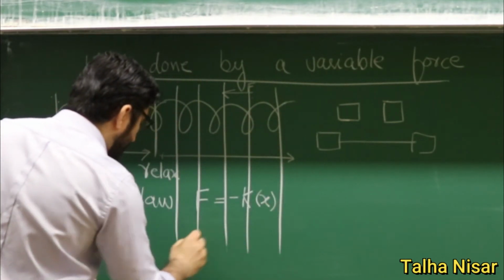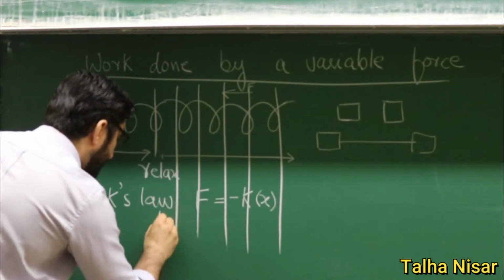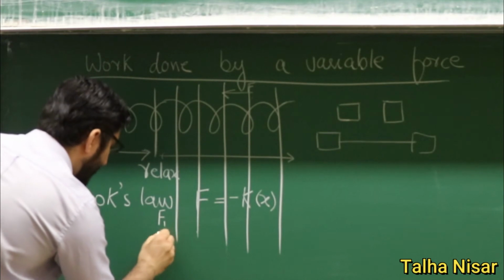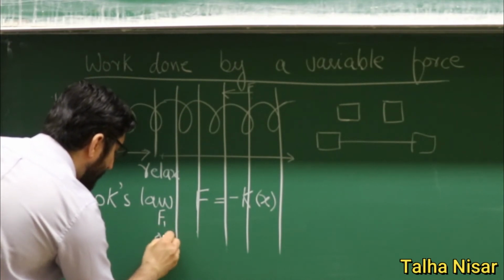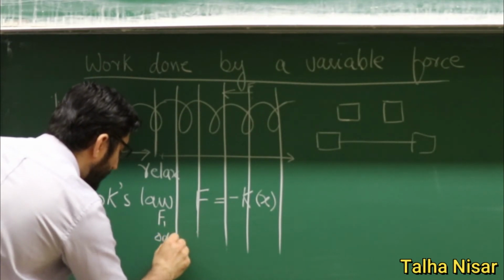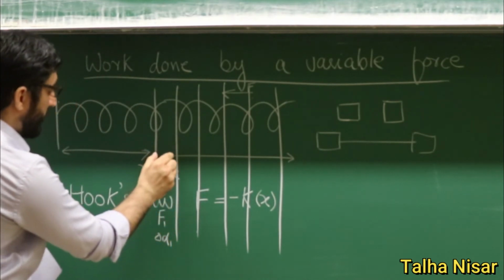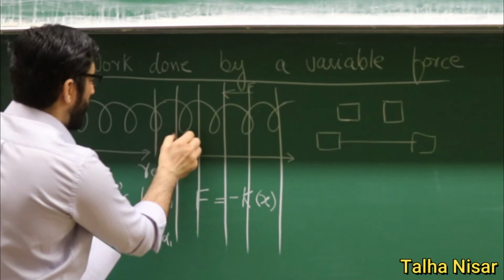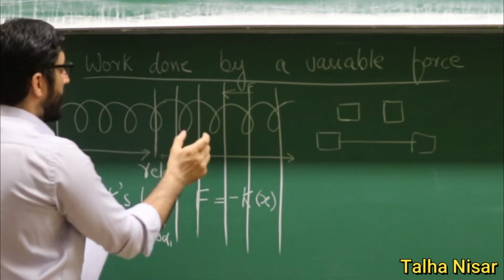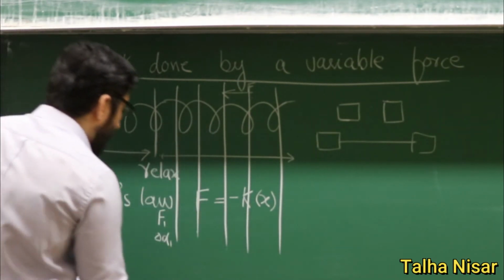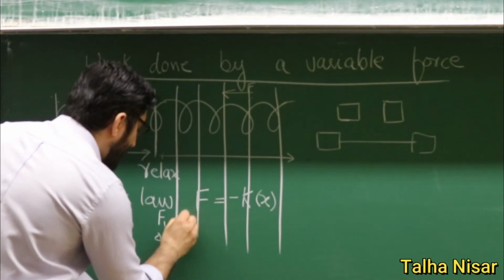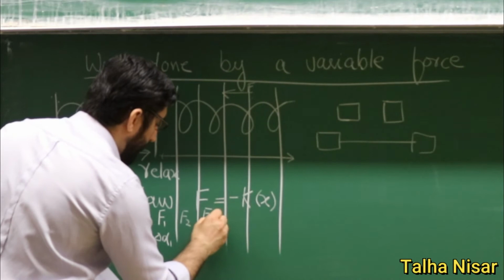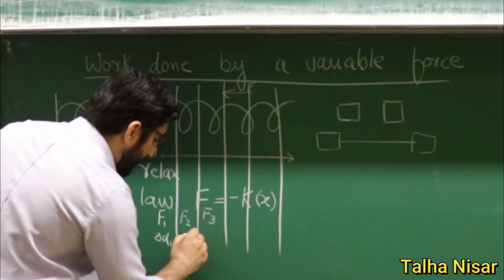So we know this is, for example, force F1 here at this x. We have the small displacement, delta d1. When we further increase the x here, we will feel a little bit stronger force, so we call it F2, and then we have F3.